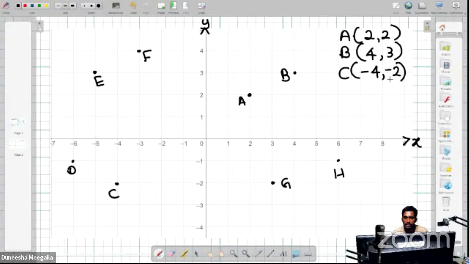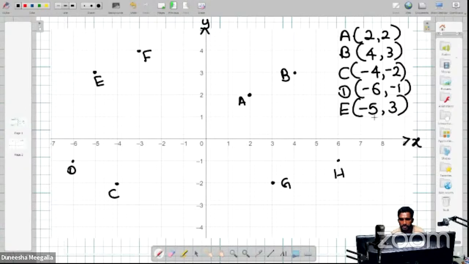Is it? Then D is (-6,-1). Then E is here. Inuri? (-5,3). Yes, (-5,3).